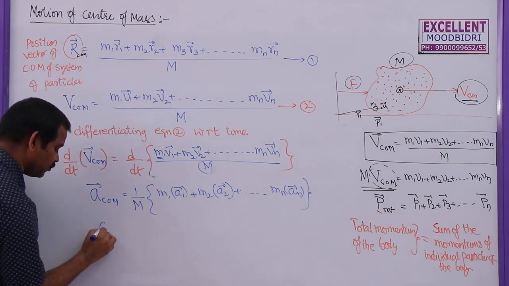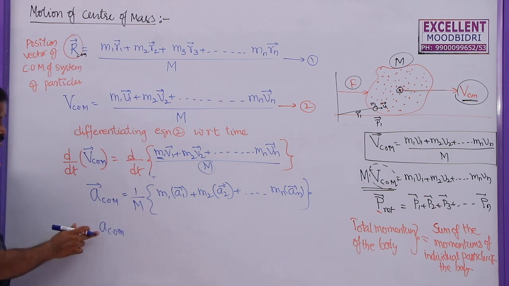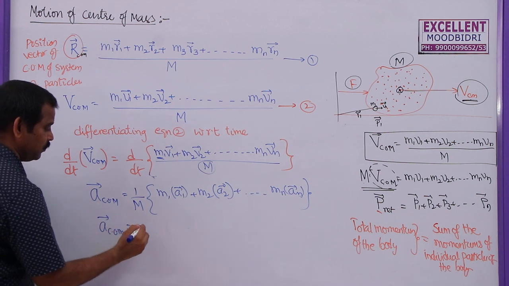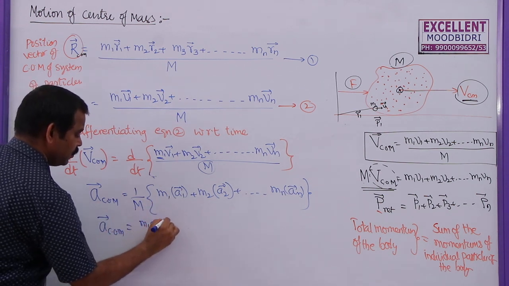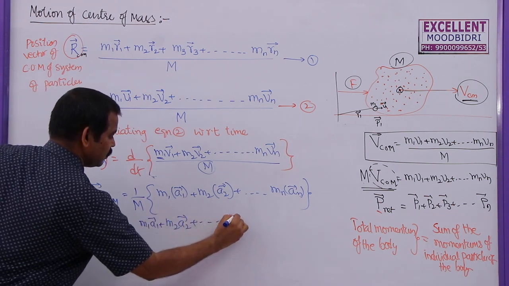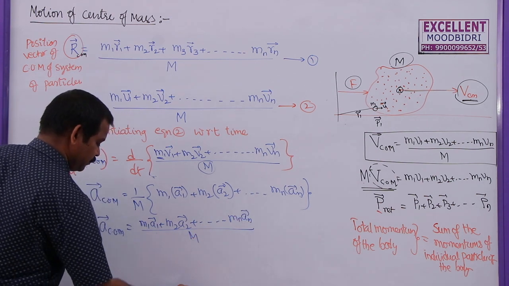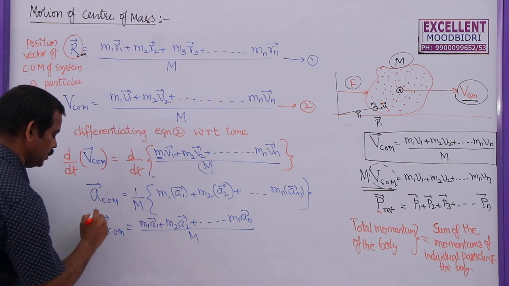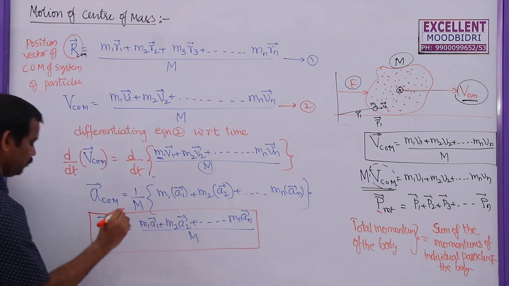So what is the expression for acceleration of center of mass of the body? That is acceleration of center of mass of the system is given by m1 a1 plus m2 a2 and so on, mn an bar by total mass M. And this is the expression for acceleration of center of mass of the system.